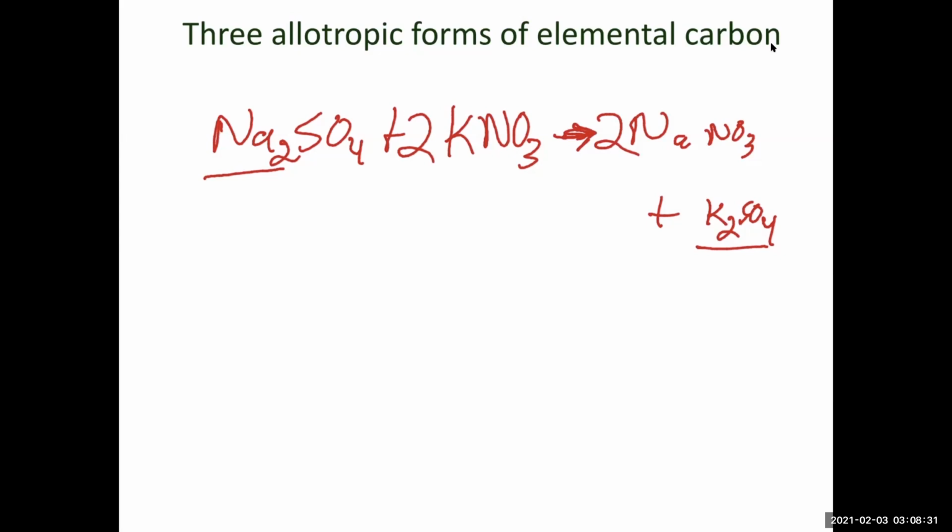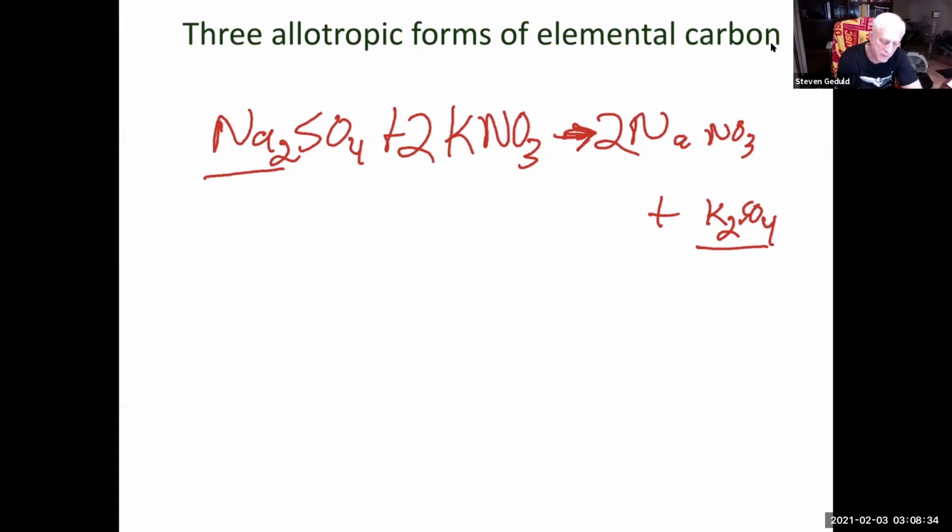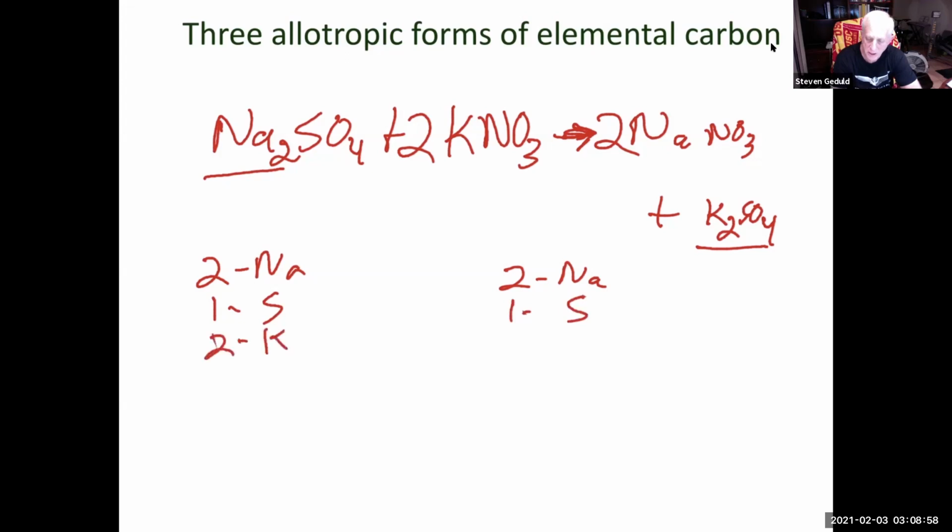Perfect. Because on the left side there's 2 sodiums, and on the right side there's 2 sodiums. You usually balance by groups, it makes it easier, or we can pull it apart. We've got 1 sulfur, 1 sulfur. 2 potassiums, 2 potassiums. 2 nitrogens, 2 nitrogens.